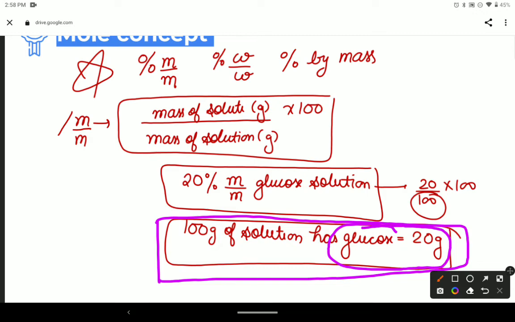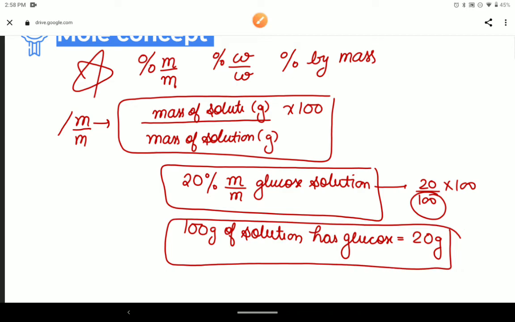To say it in Telugu, 100 grams of solution lo 20 grams glucose ఉంటుంది. That's what it means. Okay, 100 grams of solution has glucose equal to 20 grams, which is the mass of solute. By this we can say the mass of solvent is 80 grams, which is 100 minus 20.